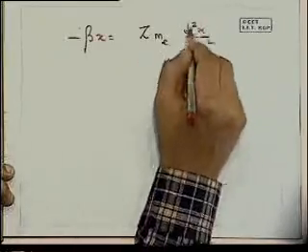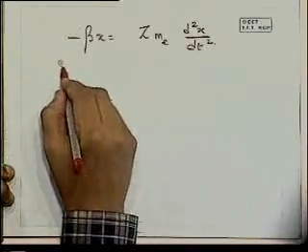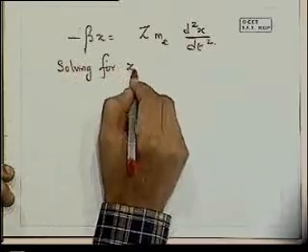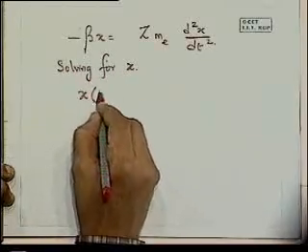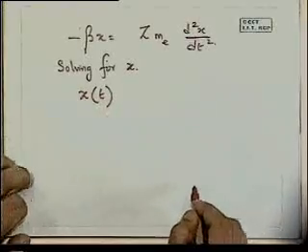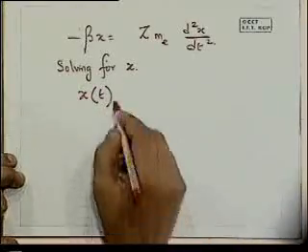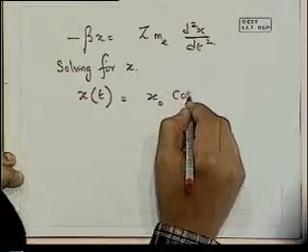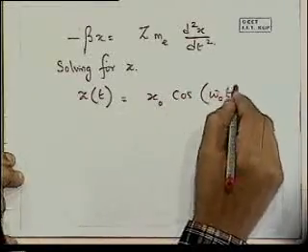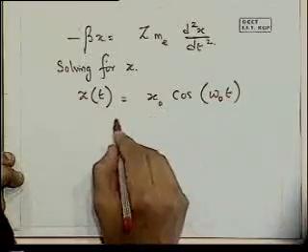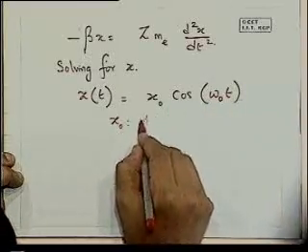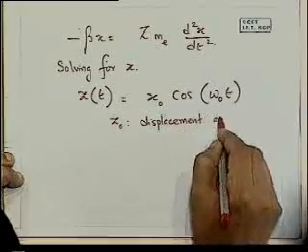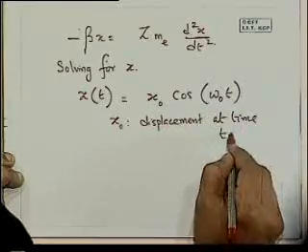And if we solve this for x, we can get an expression for the displacement as a function of time as x naught cosine, this is a simplification, where x naught is the displacement at time t equal to 0.